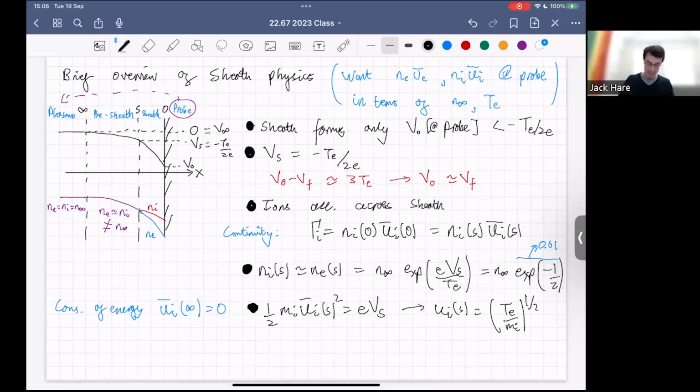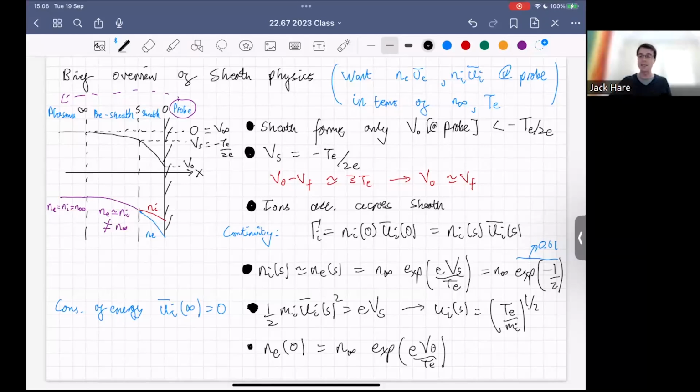We're almost there. The final thing we might want to know is what is the velocity of the electrons at the probe surface. So this would be NE of 0, and that would be equal to N infinity exponential minus EV0 over TE.